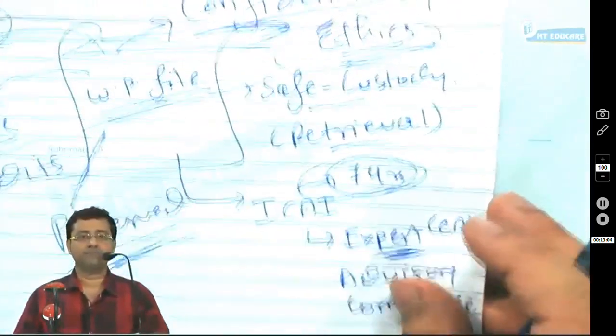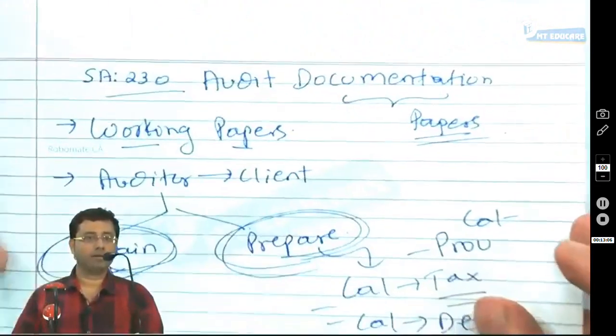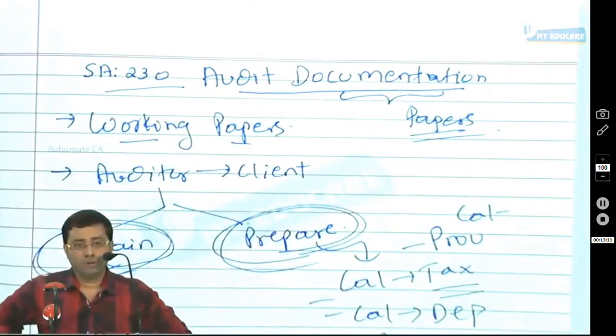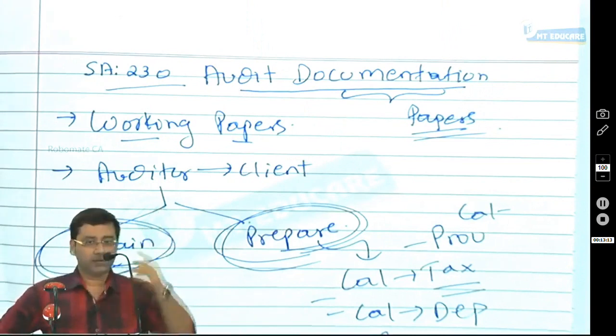Yes, you can write down the heading. What is the main heading? Audit documentation. Point number 1, first write in point form.